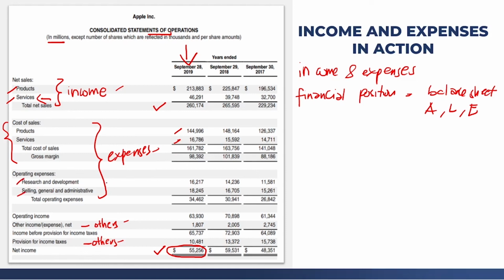These are normally separated because they are not directly related to the products and services, but they are necessary in the operations of the business to produce the iPhones or to produce the products or services that Apple is offering. Lastly, all the other income and expenses are in this line item, and we also have to deduct the income taxes to come up with the net income during the year of $55 billion.